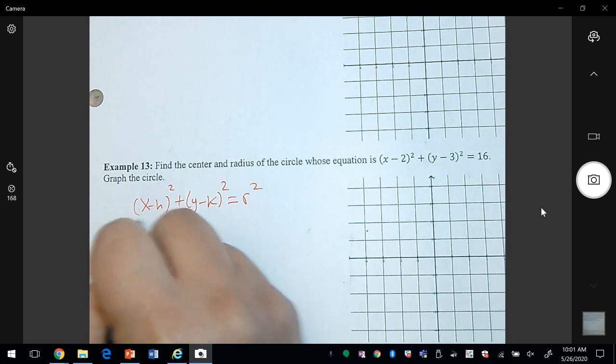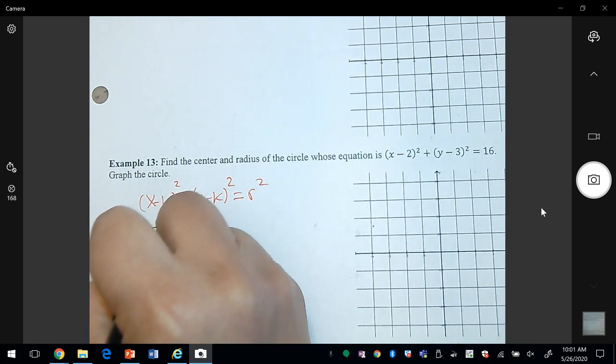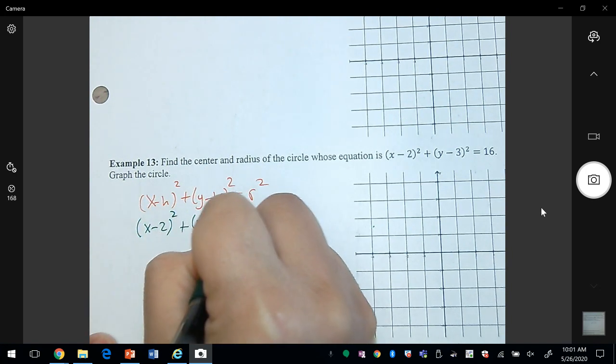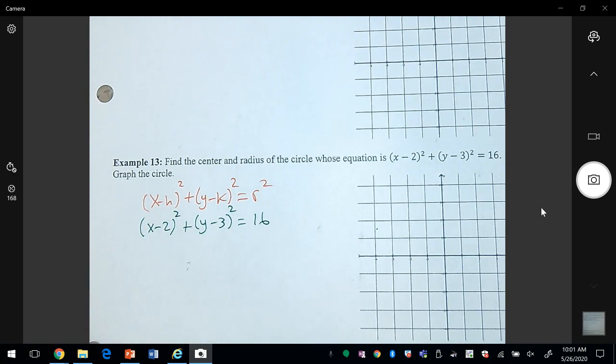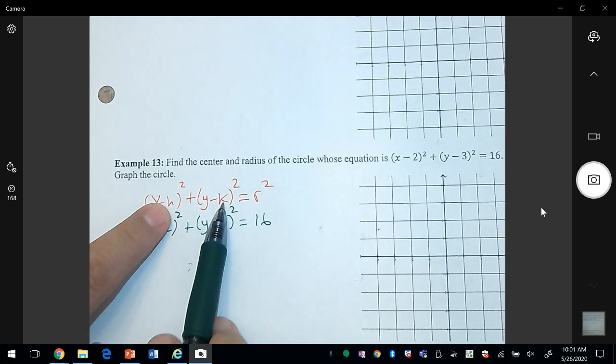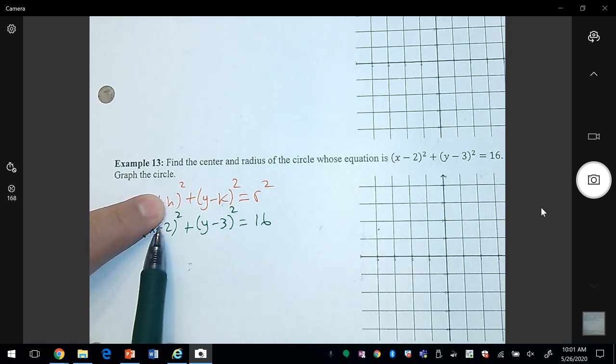So I like to write the formula down, and then right below it, I'm going to write down our equation. Notice here, if we compare this, we know that h and k is going to give us a center. So we have x and x minus, y and y minus, and then we have h and 2.